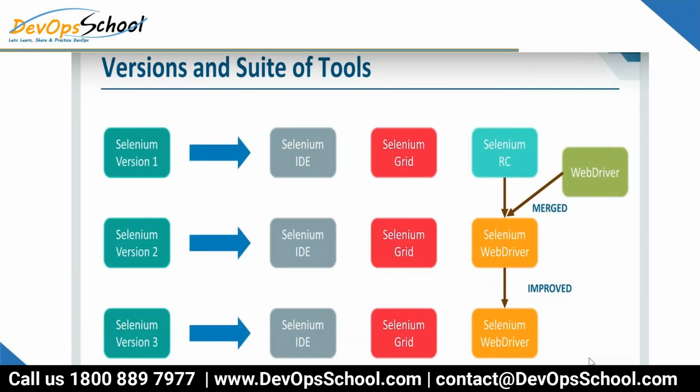In Selenium version 1, we had IDE, Grid, RC, and WebDriver. In Selenium 2, they merged RC and WebDriver and called it WebDriver. And in 3 we continued with IDE, Grid, and WebDriver, which is the improved version. So 3 is the one we are using. Now the question you must be asking is, what is IDE, what is Grid, and what is WebDriver? We'll discuss in some time.